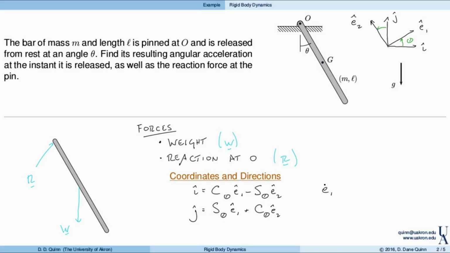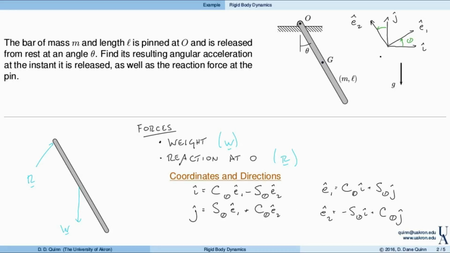Likewise, I can go and write E1 in terms of I and J. So E1 is cosine of theta I plus sine of theta in the J direction, and E2 is minus sine of theta in the I direction plus cosine of theta in the J direction.